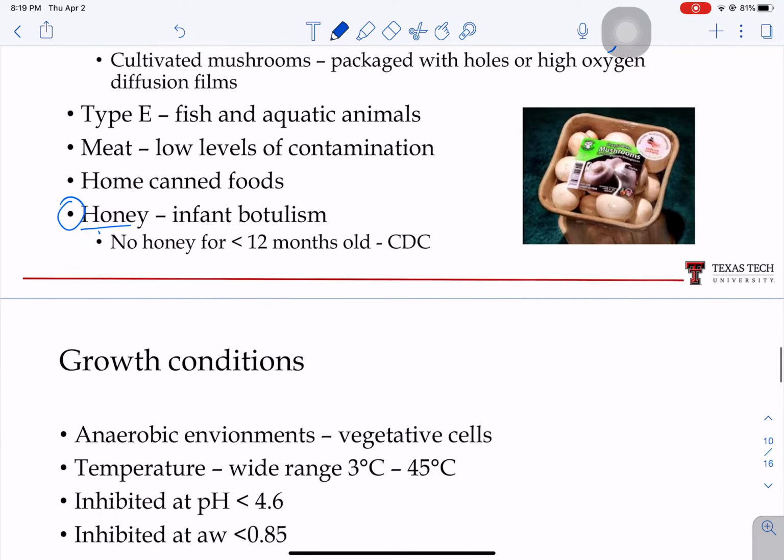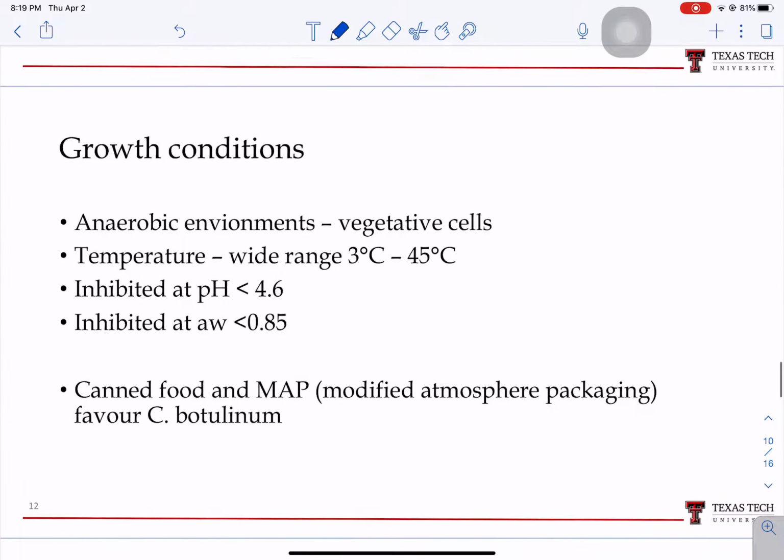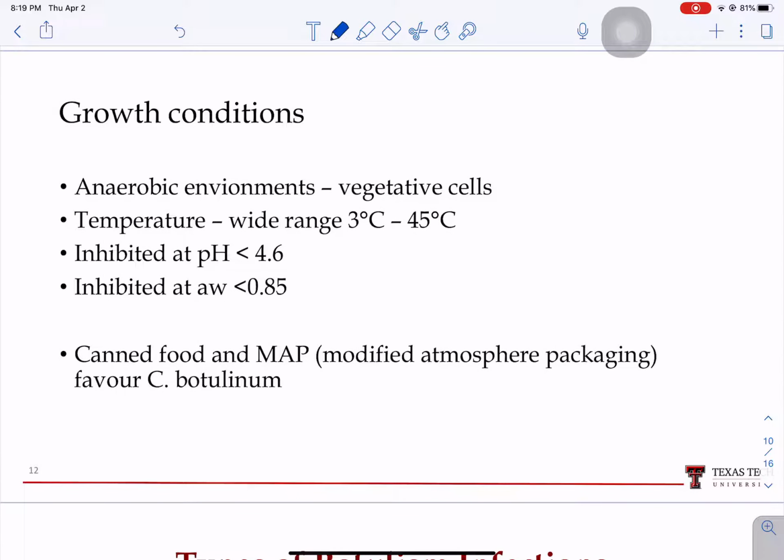In terms of growth, what do we need to get this bacteria growing? We mentioned already it's a strict anaerobe, so it will grow in an anaerobic environment. That's for the vegetative cells. The temperature range for growth is very wide.